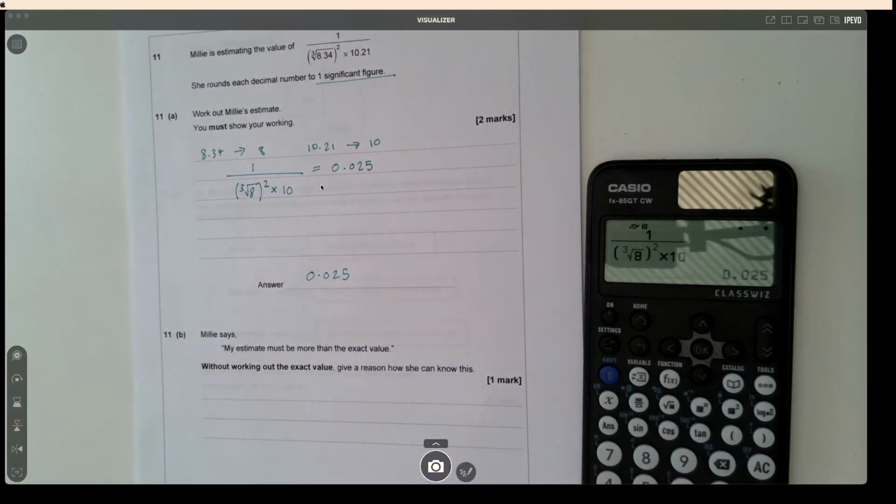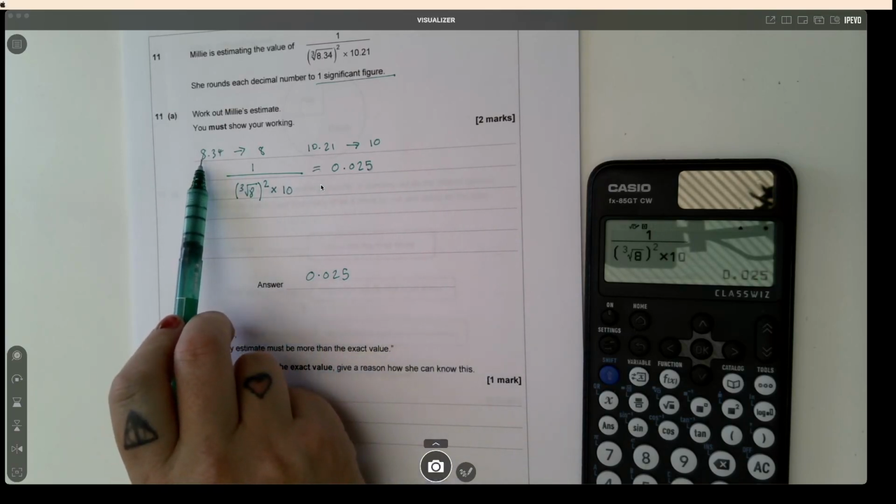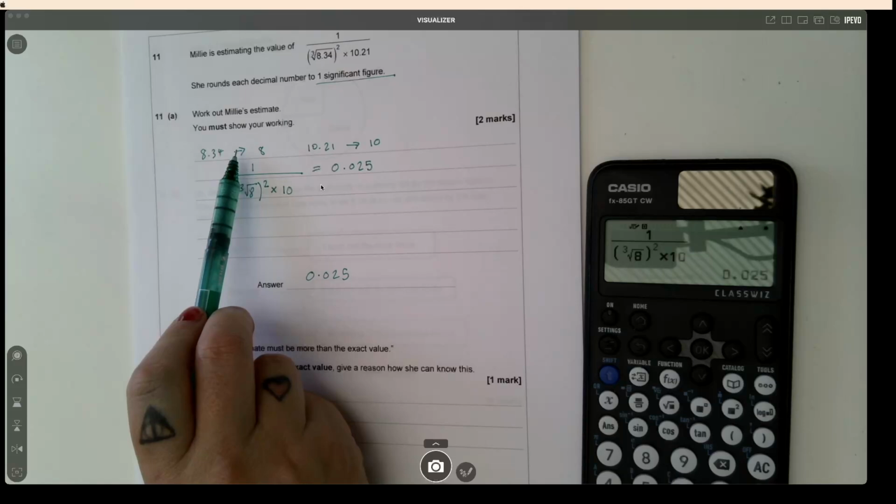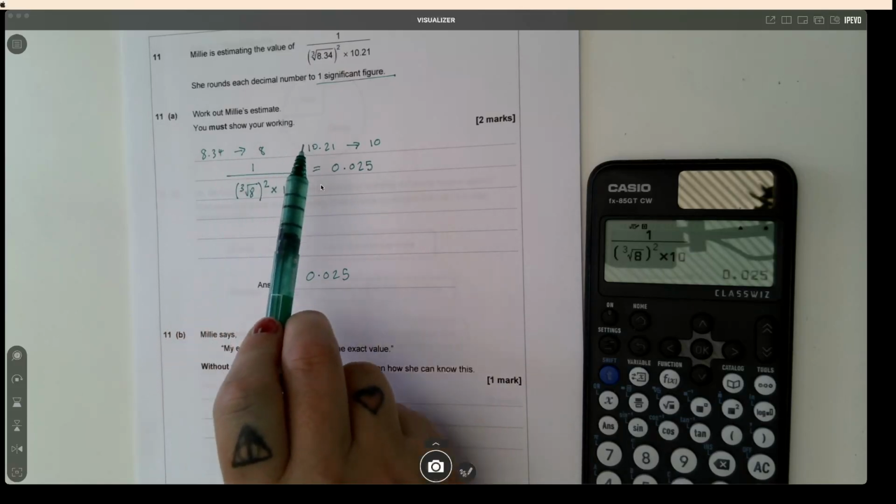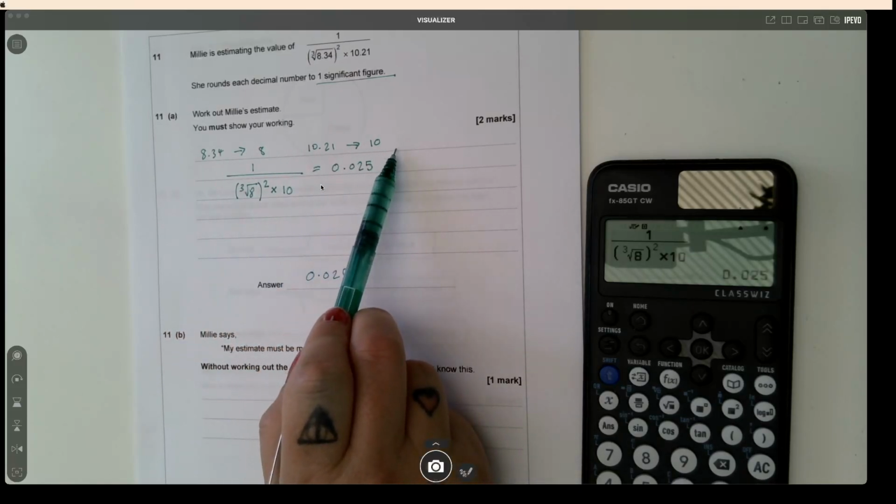So 11B, Millie says, my estimate must be more than the exact value. Without working out each value, give a reason how she can know this. Her estimate is 0.025, and what we've done is rounded 8.34 down to 8 and 10.21 down to 10.